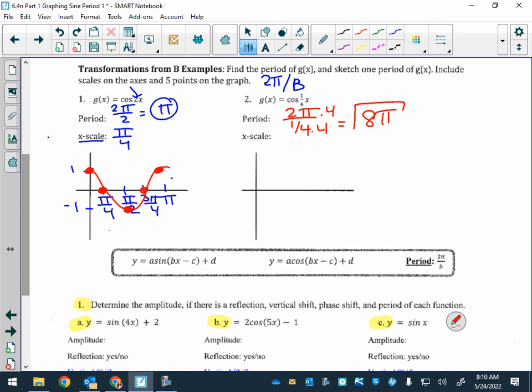So the new period for this function is 8 pi. And again, to find the x scale, we take 8 pi, divide by 4, we get 2 pi. So each of these increments are going to go up by 2 pi. So 2 pi plus 2 pi is 4 pi, then 6 pi, and 8 pi.